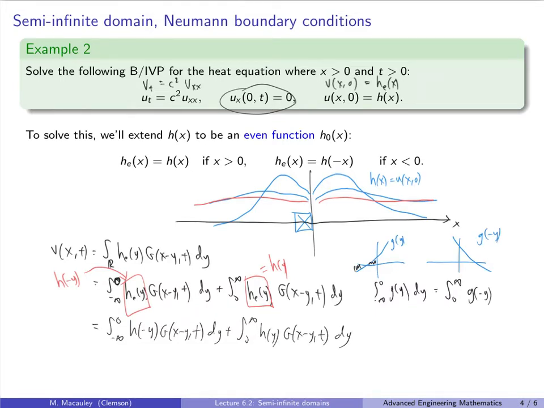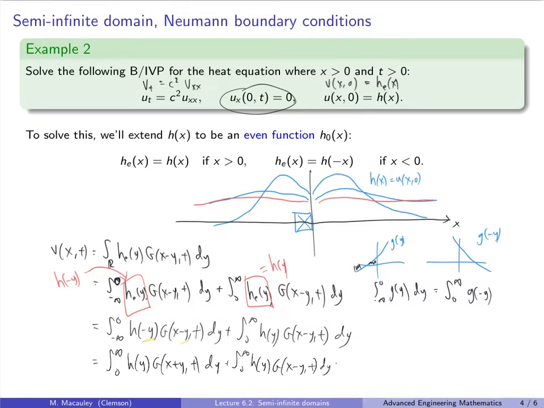So I can turn this first integral into one from 0 to infinity, but I have to flip the sign on all of these y's. So I have to make them from negative to positive. So h of y, g of x plus y, t, and then the next integral is exactly the same, nothing changes.